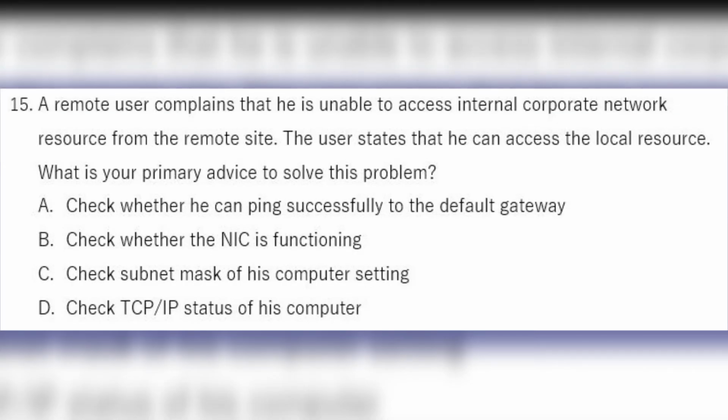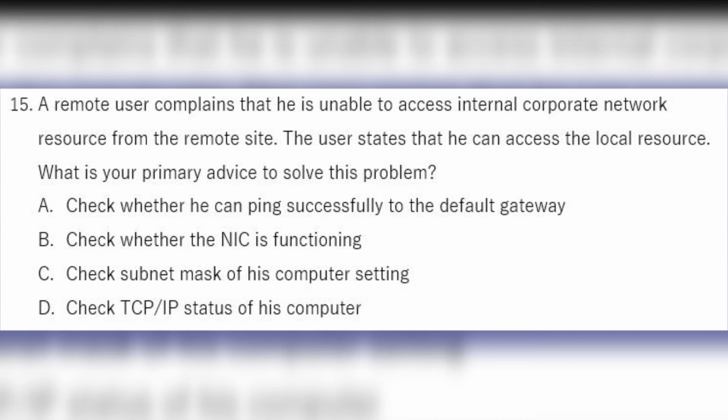Question number 15. A remote user complains that he is unable to access internal corporate network resources from the remote site. The user states that he can access the local resources. What is your primary advice to solve this problem? A. Check whether he can ping successfully to the default gateway.